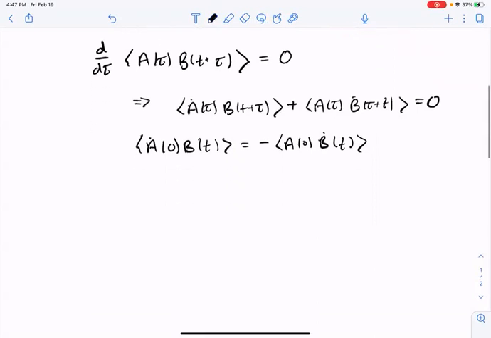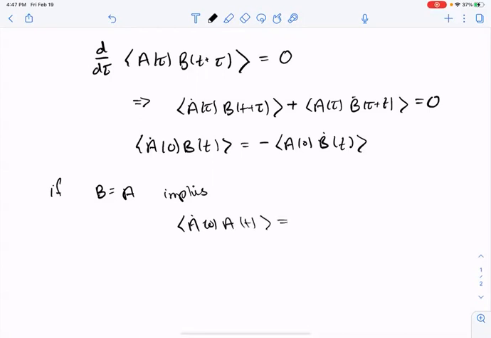Specifically, if I choose B, some arbitrary variable, as A, this implies that A dot at 0, A at t must be equal to A dot of t, A at 0, or that has to be true for all times t.